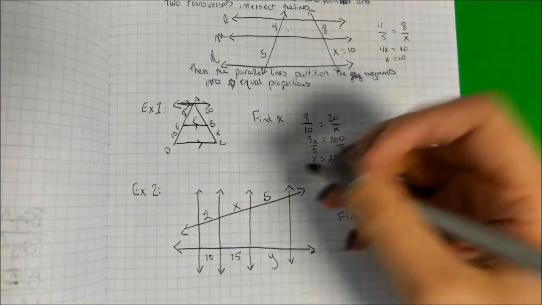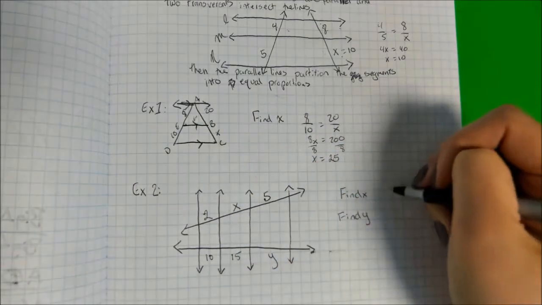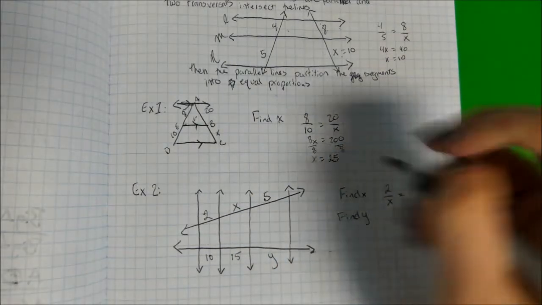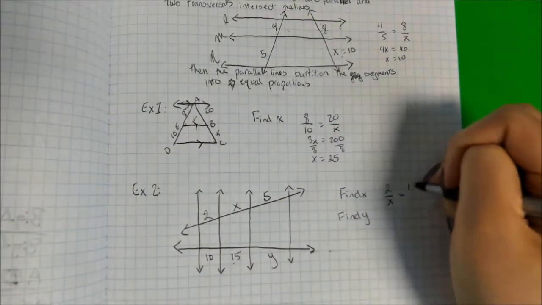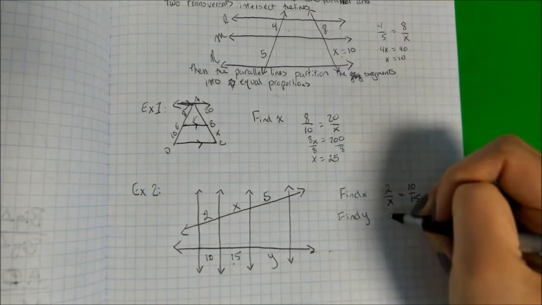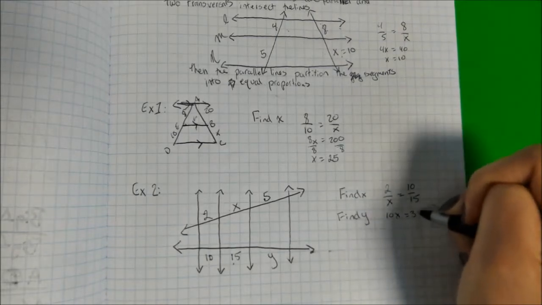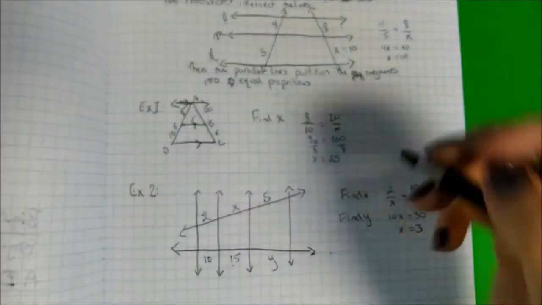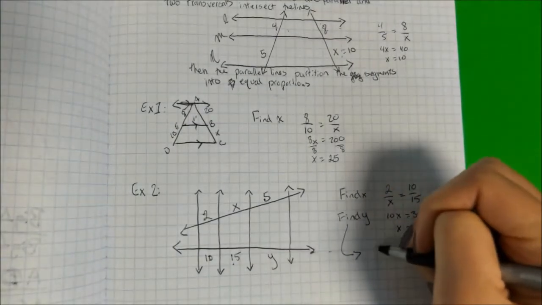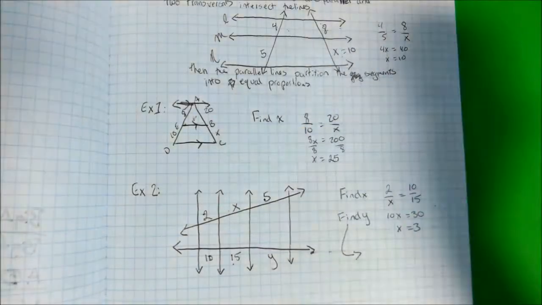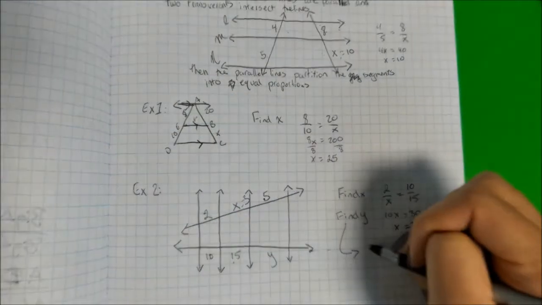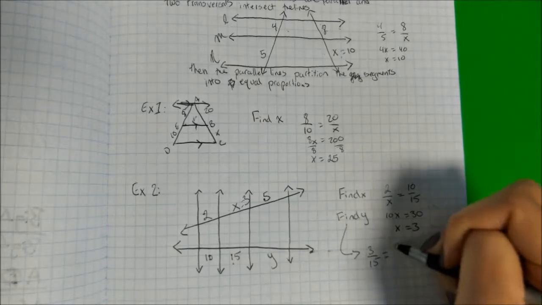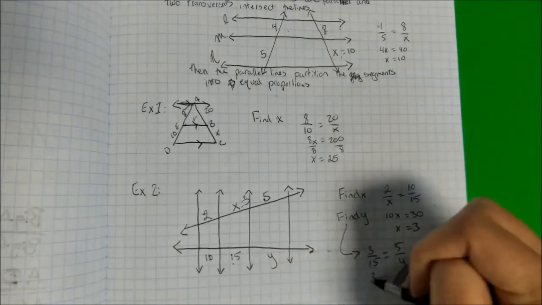So now I'm going to find x again, and I know that 2 over x should be in the same proportion as 10 over 15. So again, I'll cross multiply. And if I want to find y, again, this is 3. 3 over 15 should be in the same proportion as 5 over y.